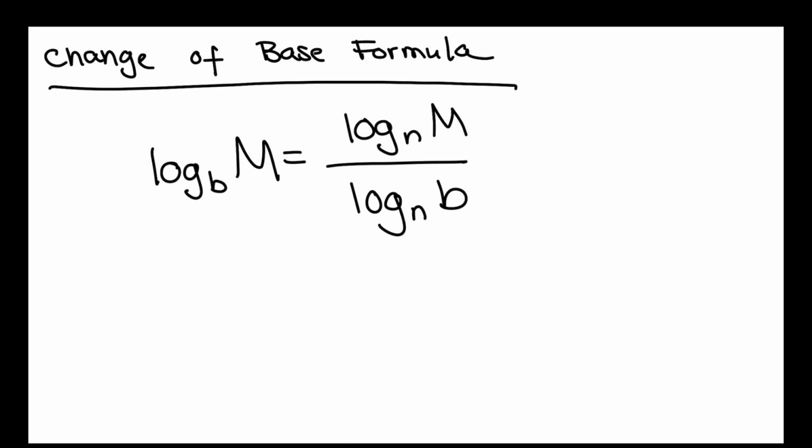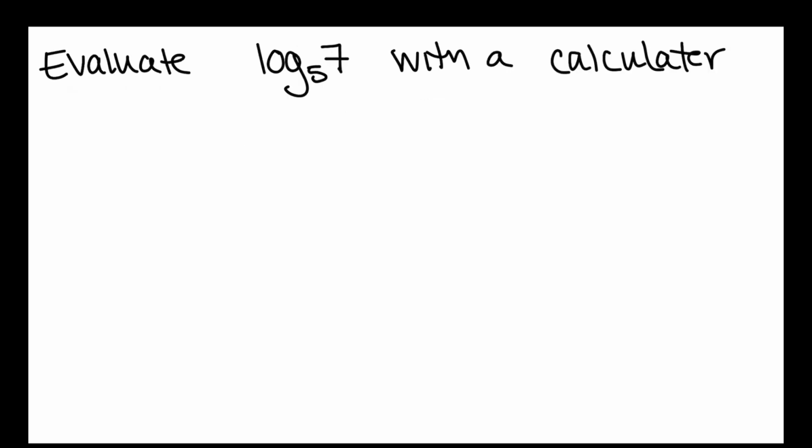And so on the screen, I have our change of base formula. Log base b of m, we can rewrite this with a brand new base by taking log of the new base of m divided by log with the new base of b, where b is the original base. So let's see how this works.